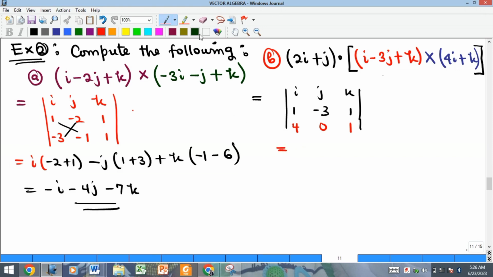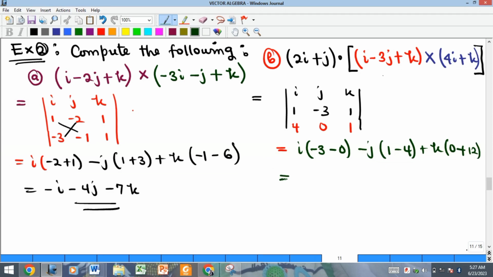And so let's go to this thing. So I will have 1 times, sorry, minus 3 times this times 1, which is minus 3, then minus 0. And then j, we will have, of course, 1 times 1 is 1, minus 4. And for k, we will have, this last column will go, so we have 0 minus 12, and that will be plus 12.